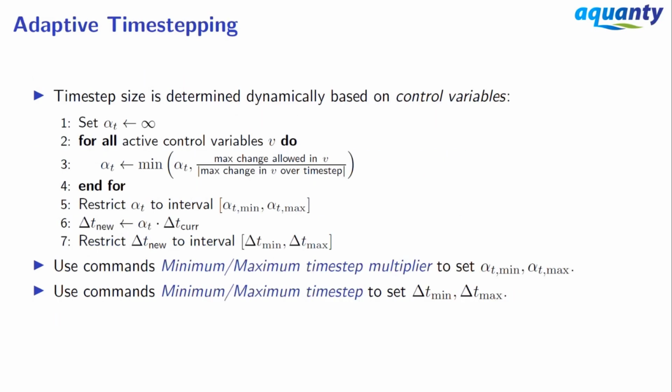Instead, what we recommend is to use adaptive time stepping, where the time step size is determined dynamically based on a set of control variables. And so here is a simple description of how the adaptive time stepping works. You can see that it can be customized to a certain degree by setting the maximum and minimum time step multipliers, and also by setting the maximum and minimum time step sizes.